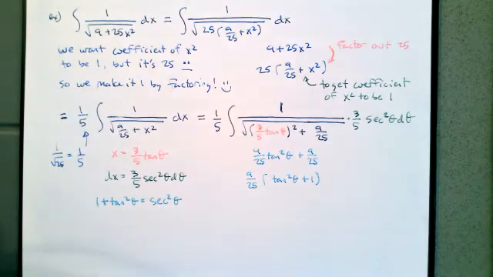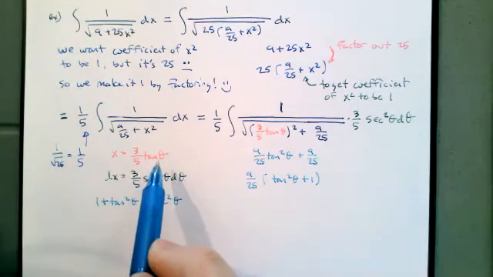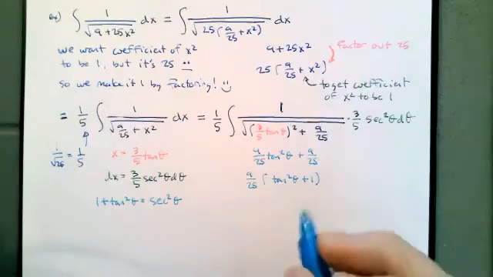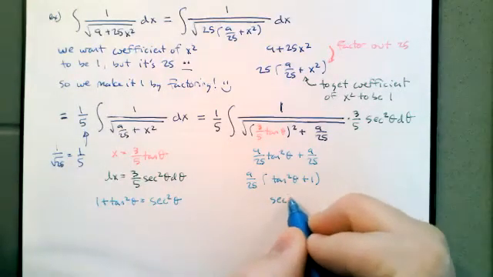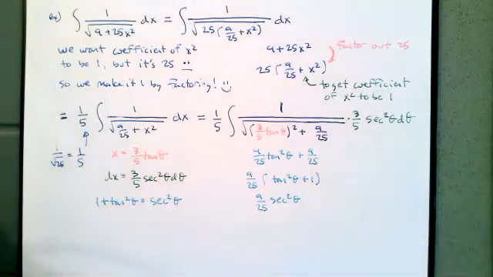That was the goal, to get at that tangent squared theta plus 1. It's why we had to figure out this coefficient, and it's why we use tangent. And tangent squared plus 1 is just secant squared.